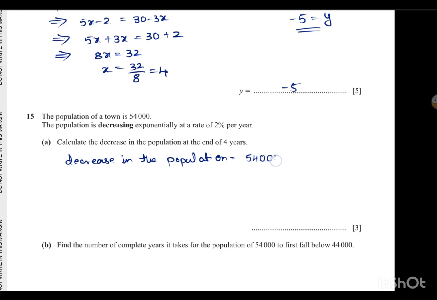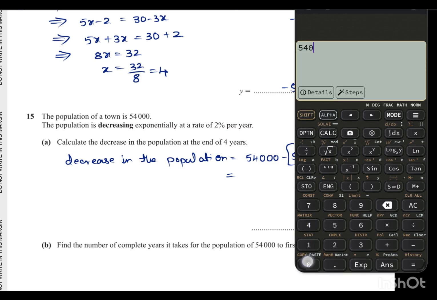54,000. From that subtract the depreciation formula you need to apply here. You have to subtract this. Put the whole thing in the calculator. 54,000 minus 54,000 into 1 minus 2 by 100, whole raised to 4.